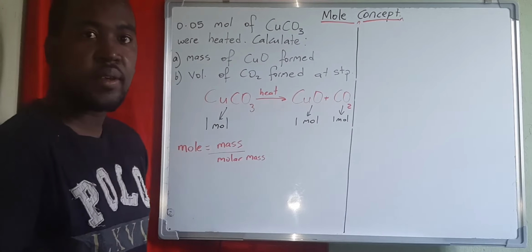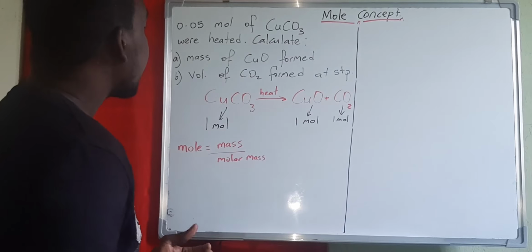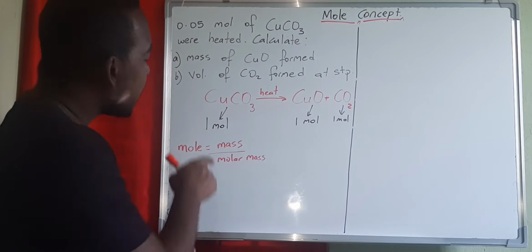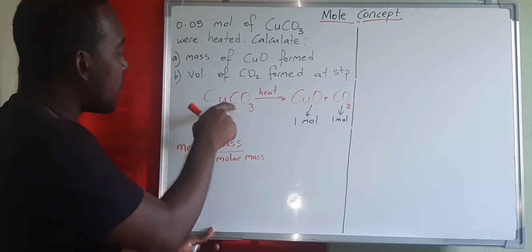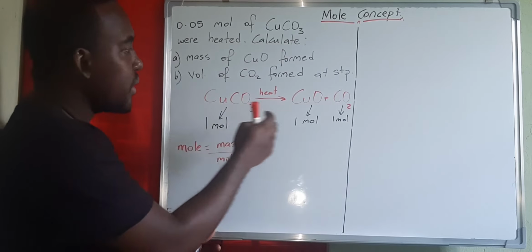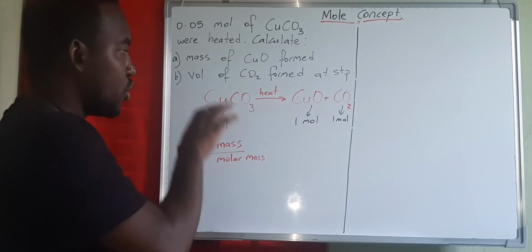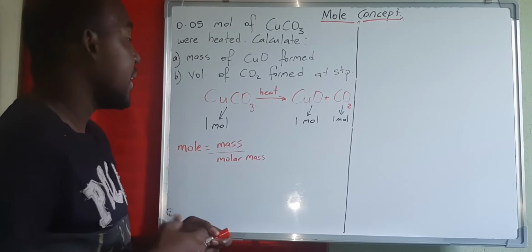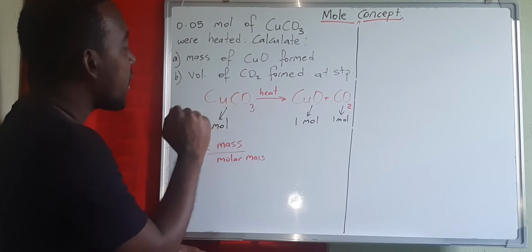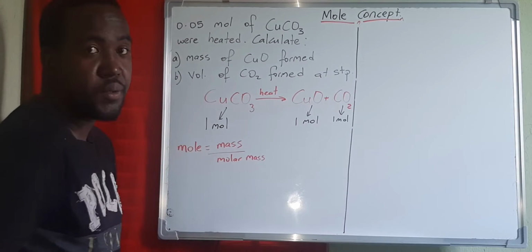Now, the next thing to note is, because 1 mole of copper carbonate from our equation gives us 1 mole of copper oxide, that is our general equation. But for this experiment that was done, instead of 1 mole of copper carbonate, it was 0.05 mole.